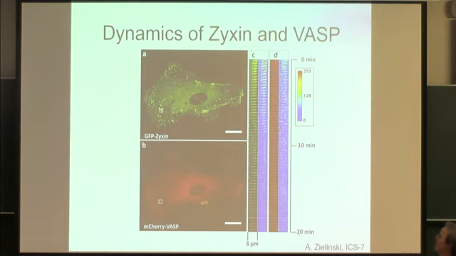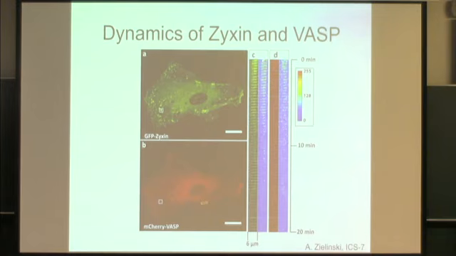Now we looked also at zyxin, and he did the same experiments with zyxin and VASP. You see here, this box is around the focal adhesion. We use that signal to normalize our images for photobleaching. And here in this rectangle, there is one of those patches in a stress fiber.